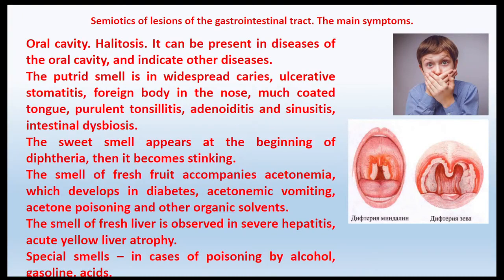Intestinal dysbiosis. A sweet smell appears at the beginning of diphtheria and becomes stinking. The smell of fresh fruit accompanies acetonemia, which develops in diabetes, acetonemic vomiting, acetone poisoning, and other organic solvents.